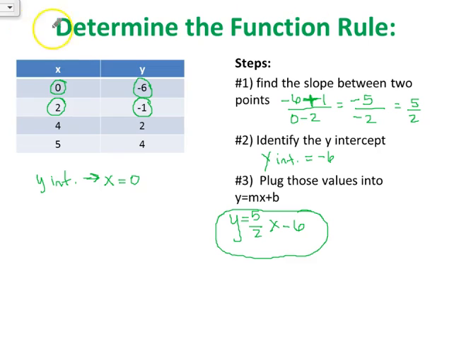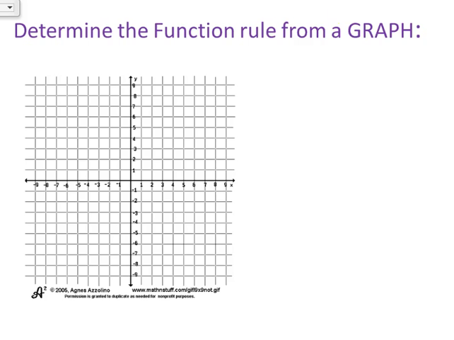You'll get practice doing this again in Unit 6, Session 3. I'm going to go on to the next slide. We're almost done. How about if we're looking at a graph and we just have some points like this. You're also going to practice this in Unit 6, Session 3, where you're given points on a graph and you need to determine the function rule from the graph.